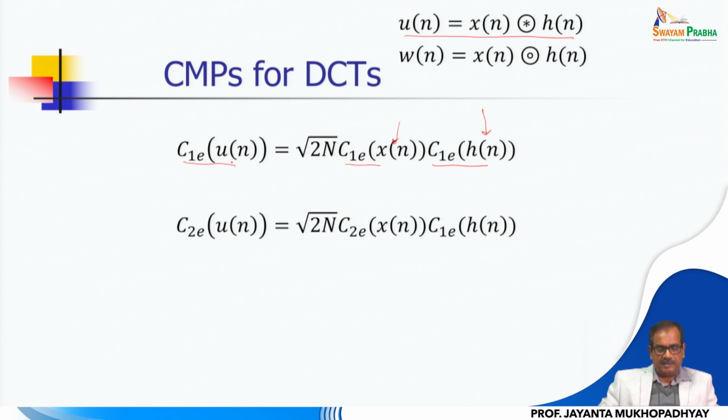But take a look at this one. Here the convolution multiplication property holds in a different form. You take the type 2 DCT of one of them, say xn, and take the type 1 DCT of the other one, say hn. You should note that their period should be the same for the DCT.